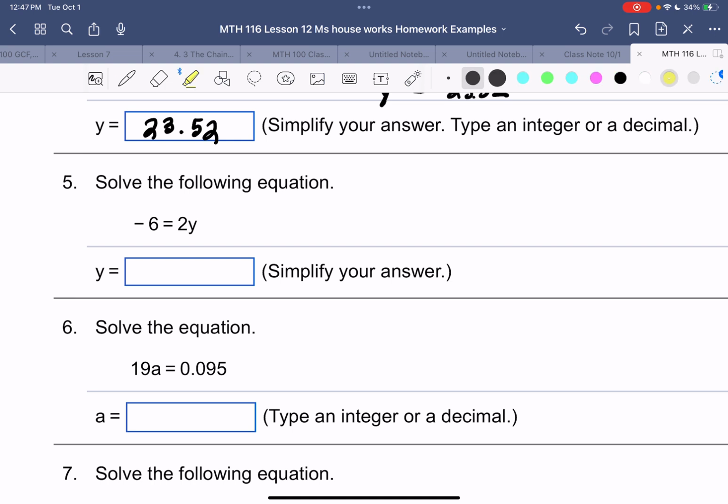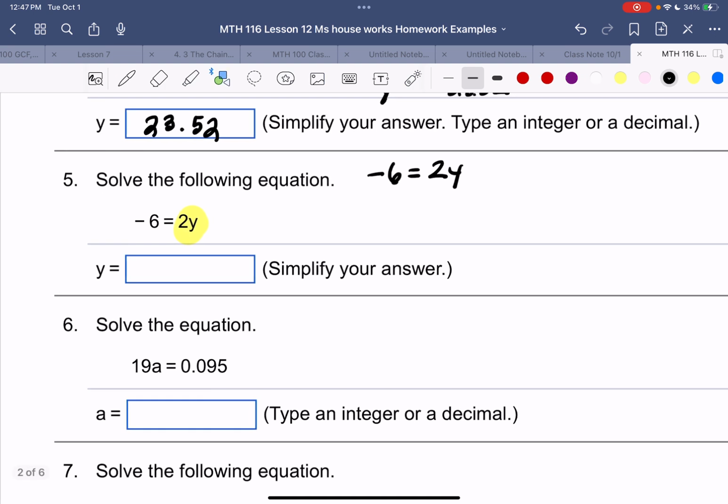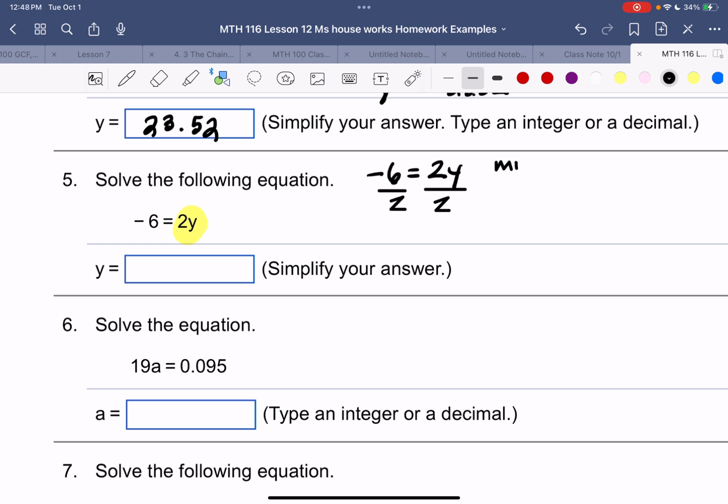Now remember, I'm trying to get this y by itself. I cannot subtract a 2 from a 2y. That's multiplication, so I'm going to have to divide both sides by 2, because multiplication, the opposite operation of that is division.